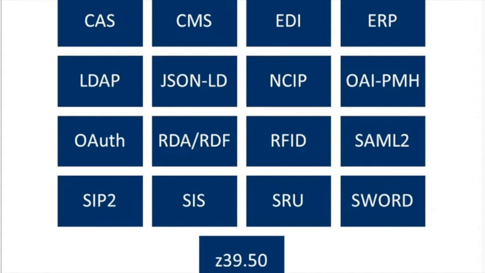Many of you will be familiar with LDAP as an authentication solution. Many of you in libraries will be familiar with RFID, SIP2, things that you will have heard of. Z3950, of course, another well-known example. So these are some of the standard integrations that are available with our solutions.